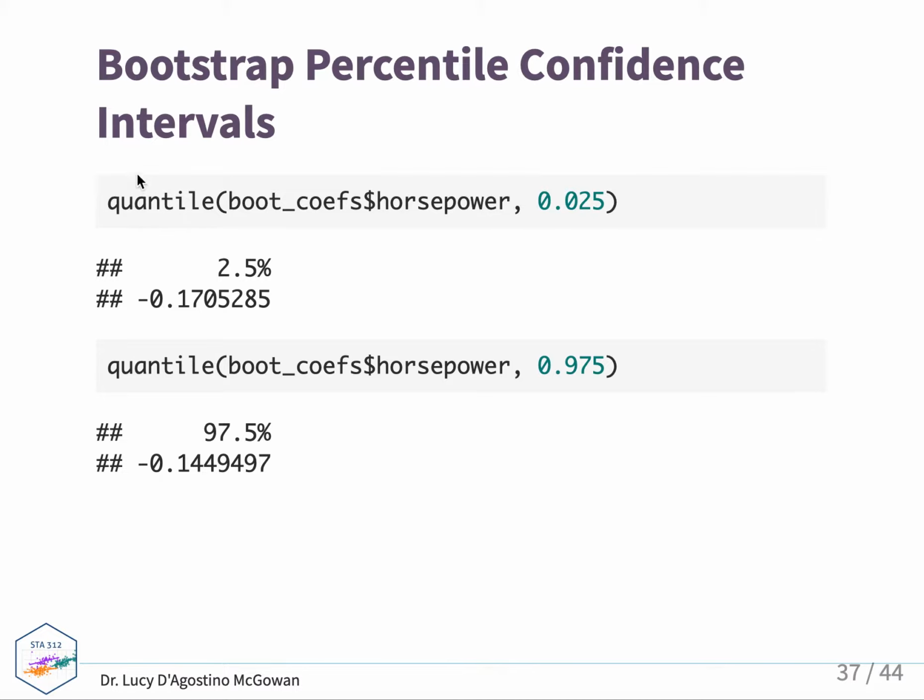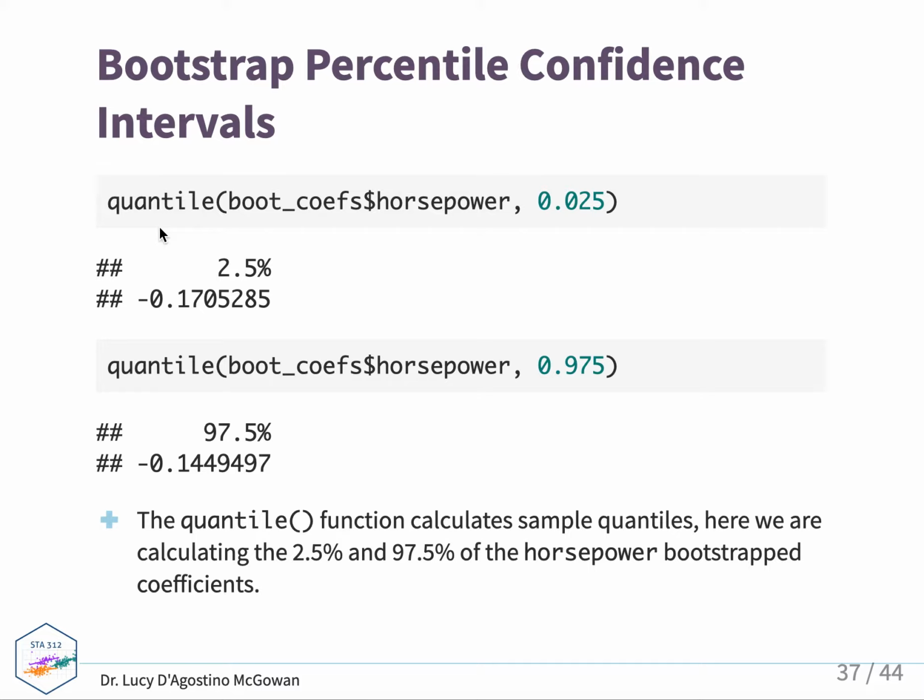In R, you can use the quantile function, and this is going to get you what's known as a percentile confidence interval. The quantile function is a way to calculate sample quantiles. Here I'm going to calculate the 2.5th percentile and the 97.5th percentile of the horsepower bootstrapped coefficients.